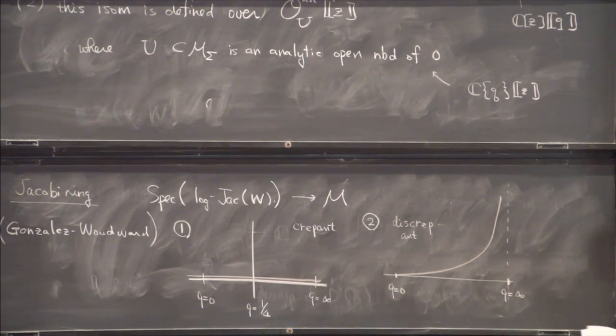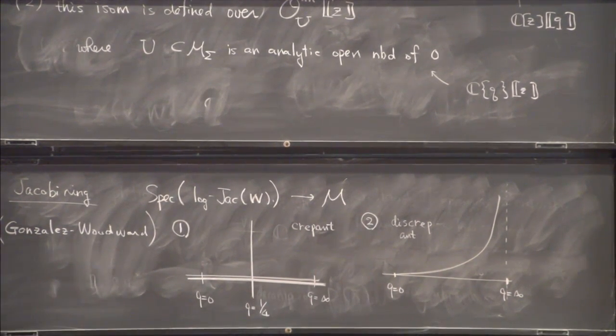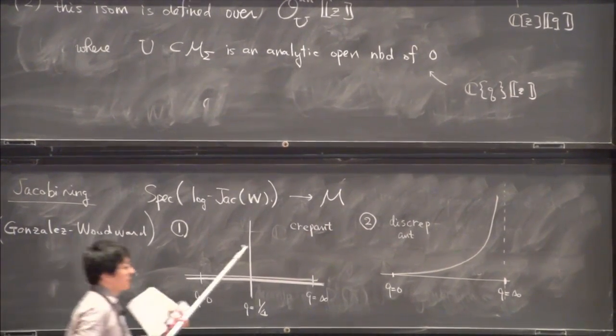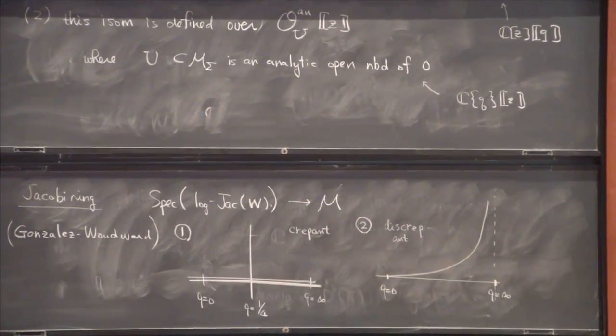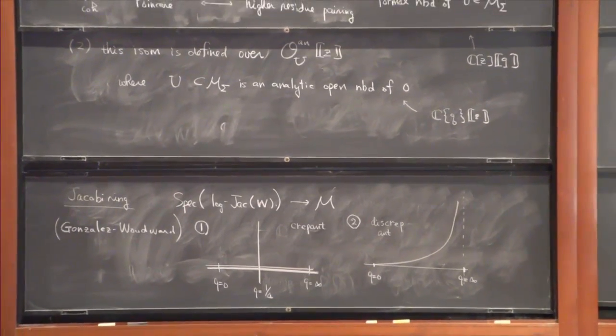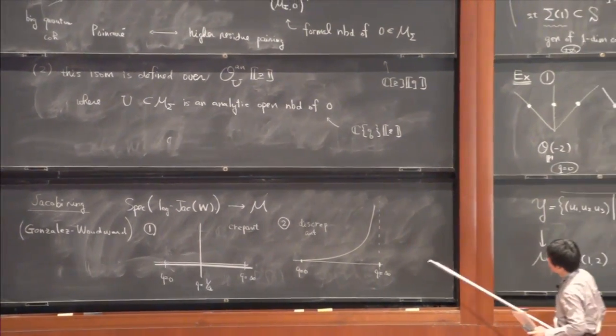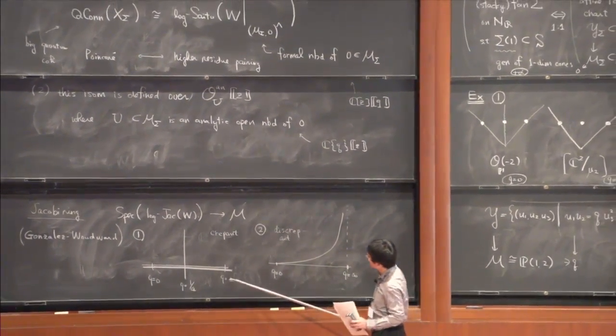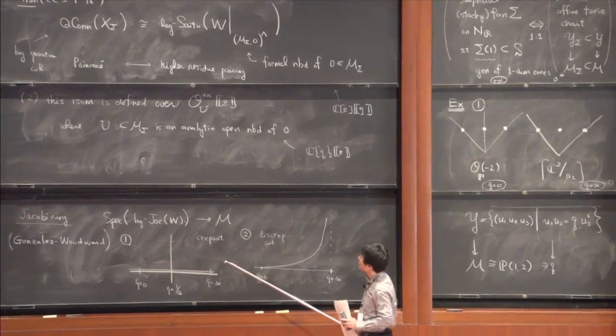This kind of analysis is easier when you consider the logarithmic Jacobian ring.